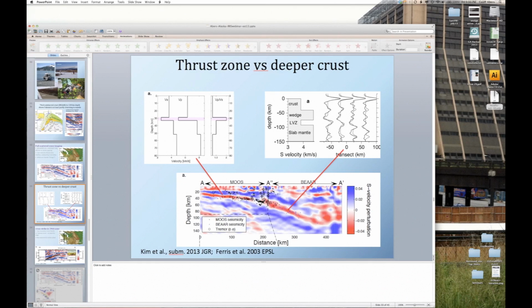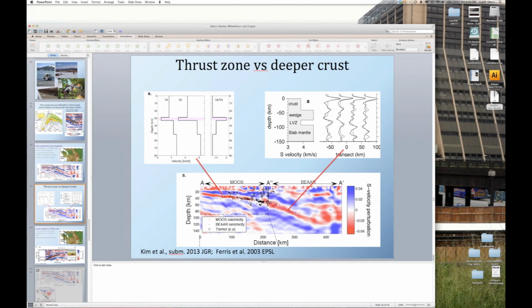I guess he's referring to this region in here where you're making this transition. This roughly corresponds to the down-dip edge of, or just down-dip of, the megathrust.